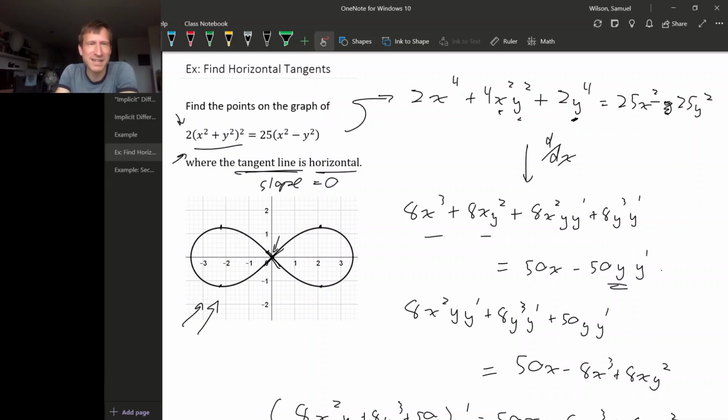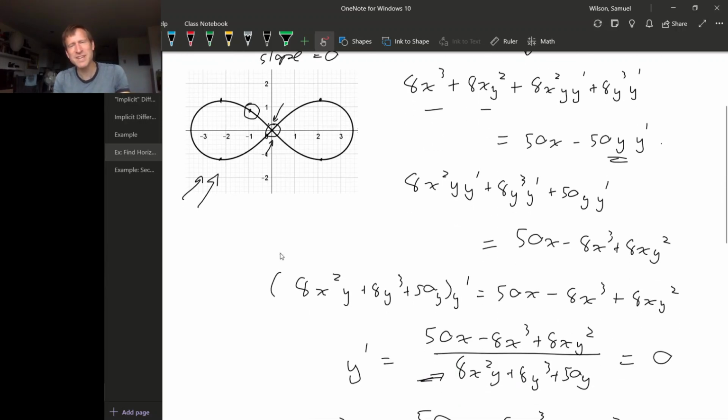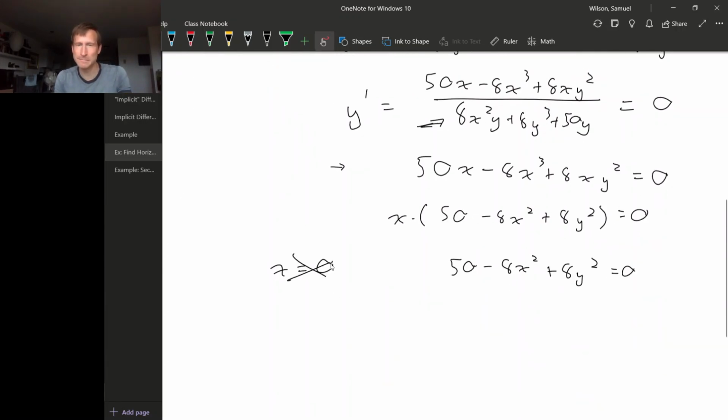What's really happening here is at the origin, it's actually invalid to use implicit differentiation, because near the origin, y is not a function of x, right? Because there's this crossing that's happening. As long as you're away from the origin, there is some neighborhood near the point where y is a function of x, but that isn't true at the origin. So we have to actually discard the origin.